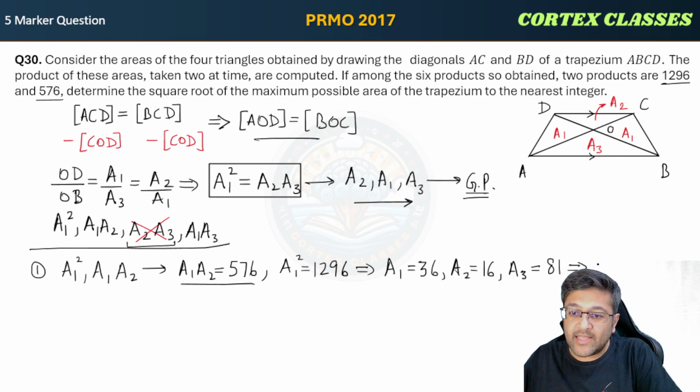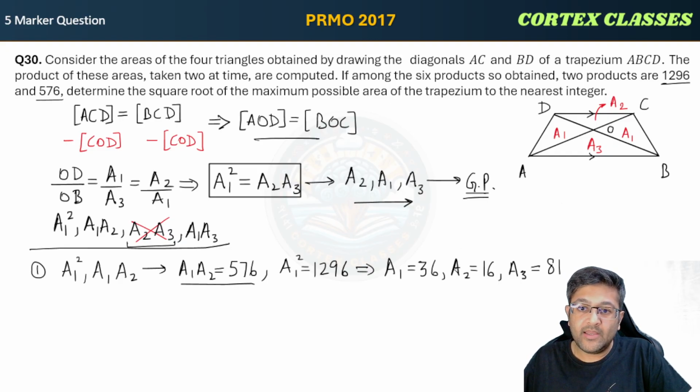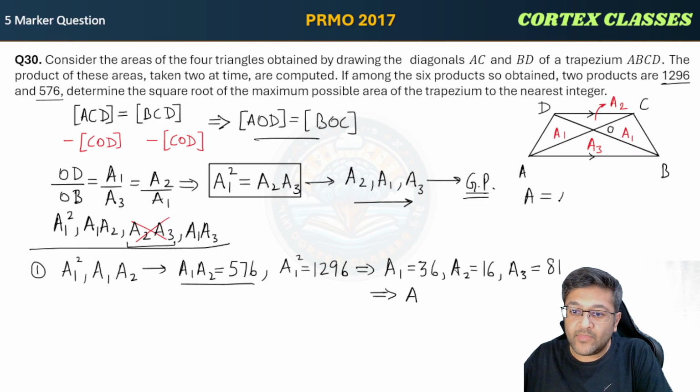So what is the total area? I'll write it here. The total area is twice A1 plus A2 plus A3, right?